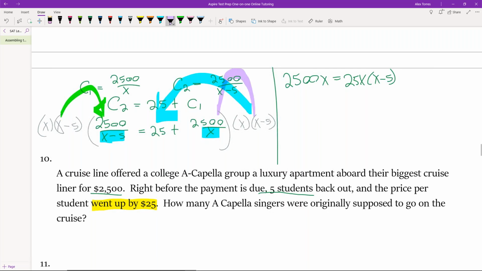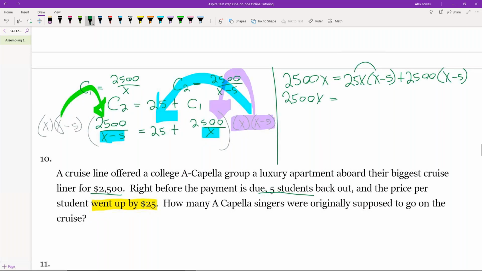And when we go here, now the x's are canceling. So I have x and x minus 5 being multiplied by 2,500 over x. The x cancels, leaving you with 2,500 times x minus 5.